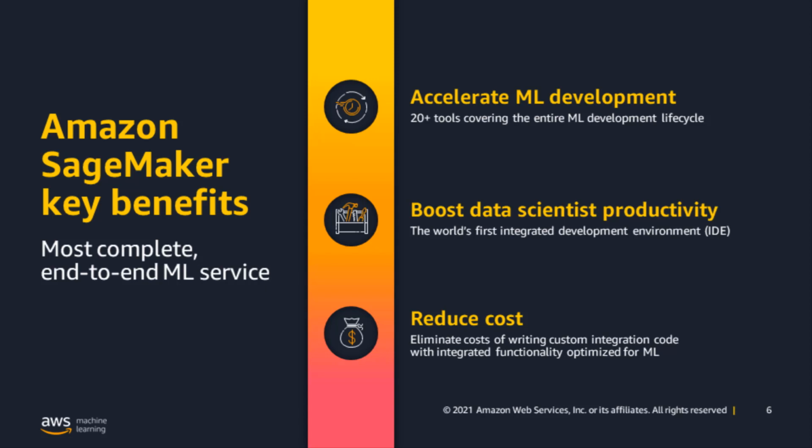It also increases productivity, boosting your productivity overall by using Amazon SageMaker Studio, the first IDE designed specifically for ML, which brings everything you need for ML under one unified visual interface.